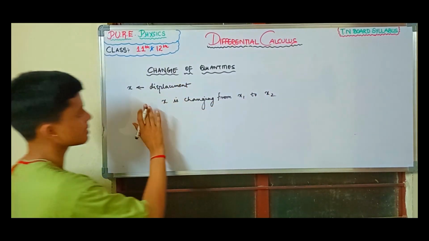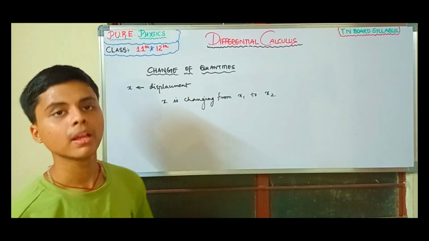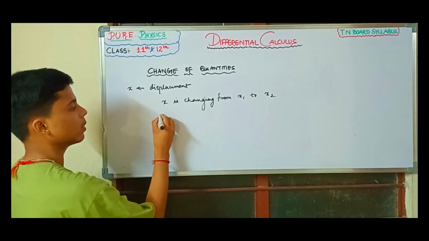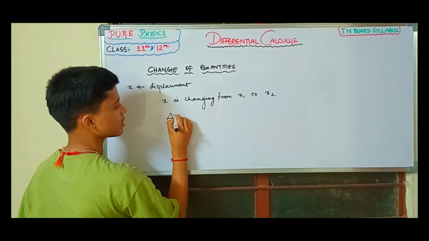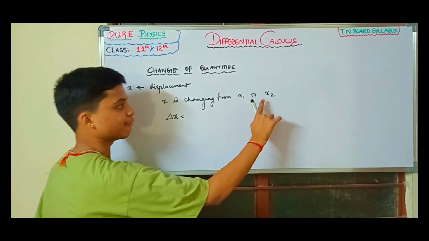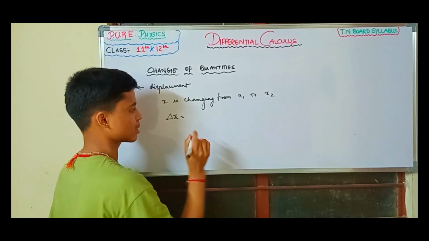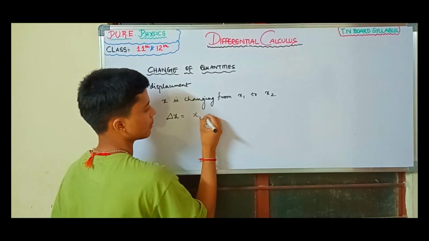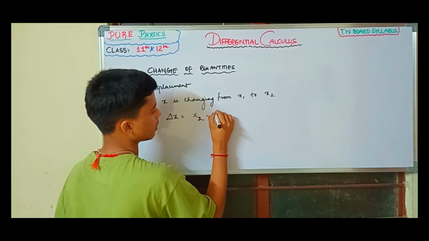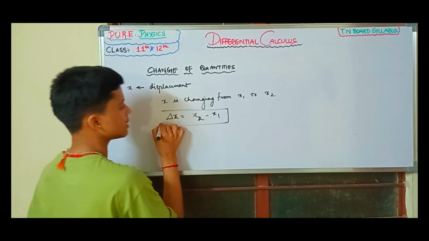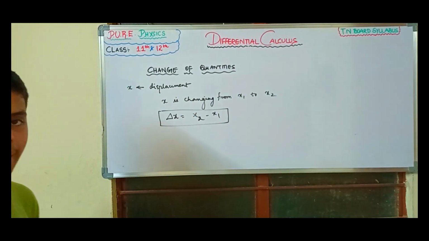How do you represent this change in displacement? You will just denote it as delta x is equal to the difference between x2 and x1, which will give you the change. This will give you the change in displacement of the body.